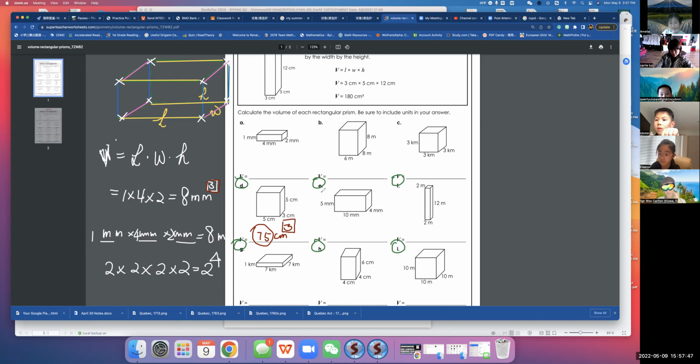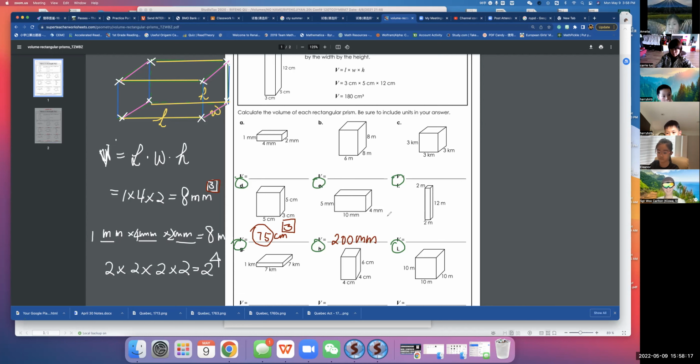Okay, so let's take a look at number E. Harry, can you tell me what is number E's answer? 200 millimeters. Is it right, everybody? Yes.